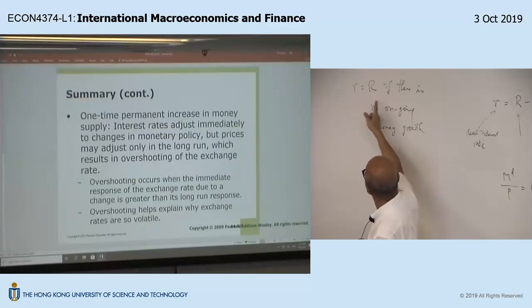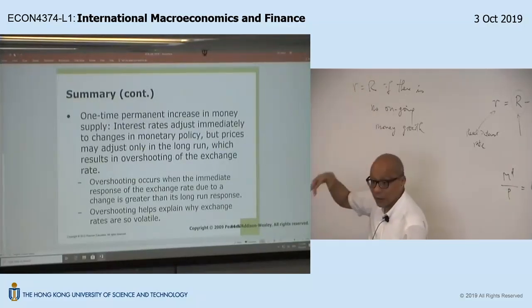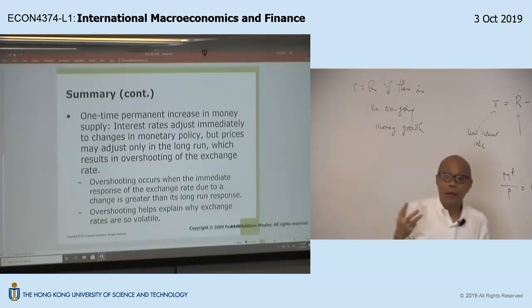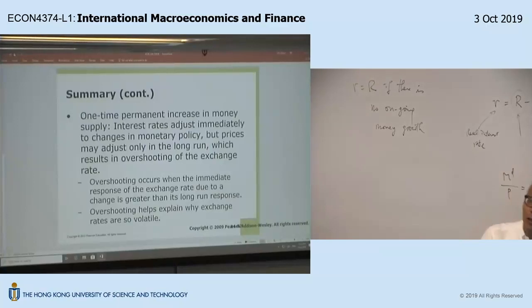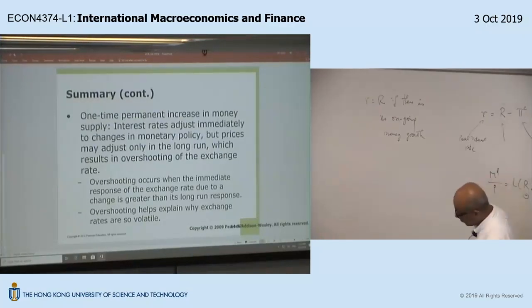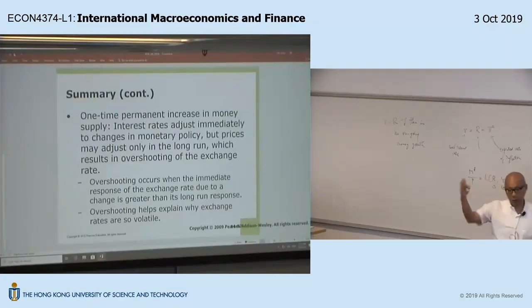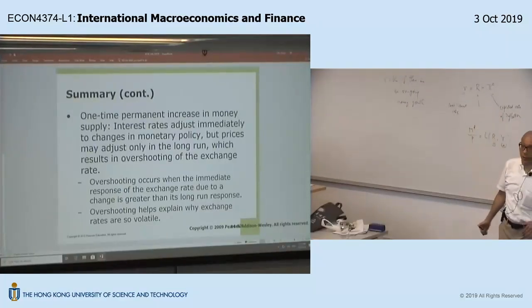In the long run future, this is also true. So in other words, we'll treat the nominal interest rate as the real interest rate in our setting, in both the initial state and the long run steady state. Is that clear?